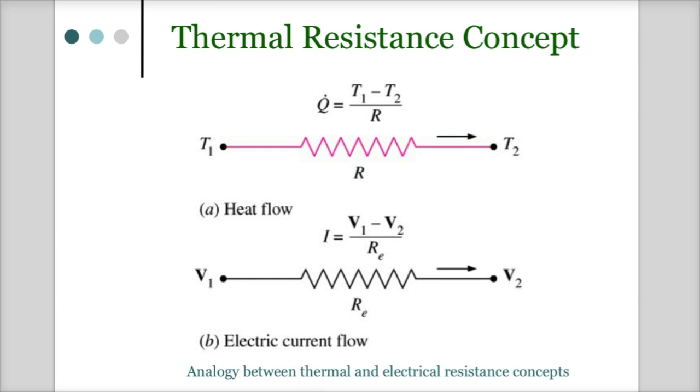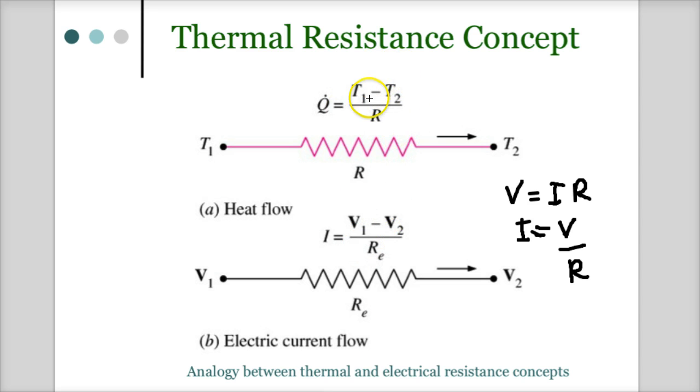So let's look at the electrical resistance first. We know that V equals I R, and I equals V over R. For electrical current flow, V can also indicate temperature for heat flow.